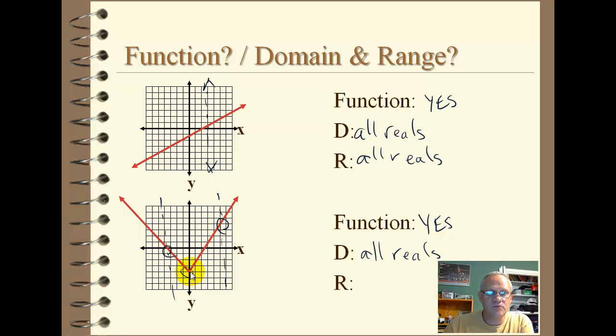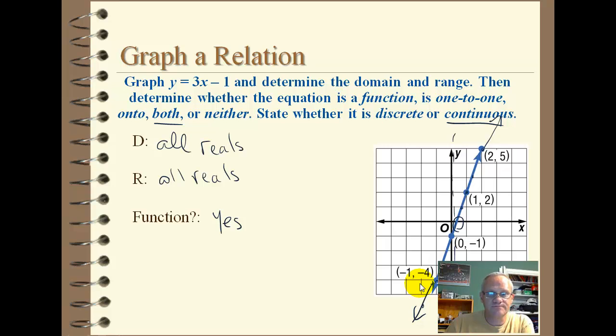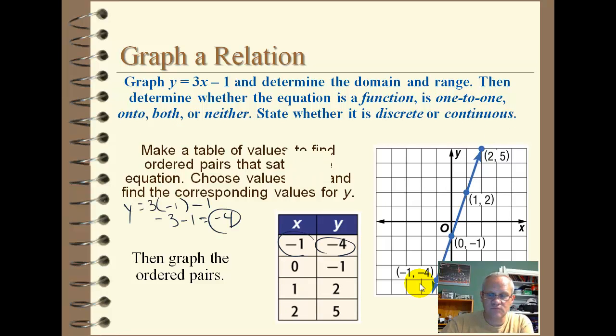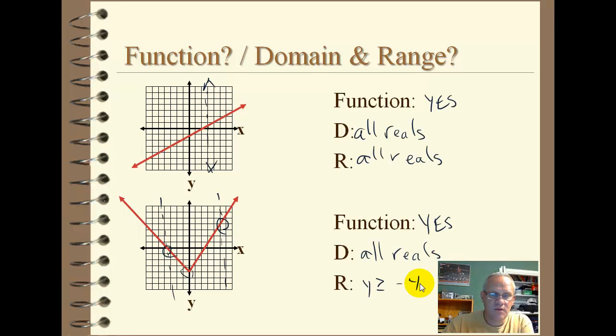So what we have to do for the range is we say, well, where is that graph? It's all of the numbers of y that are at -4 or above. So we would say y has to be greater than or equal to -4. So that's our range there.